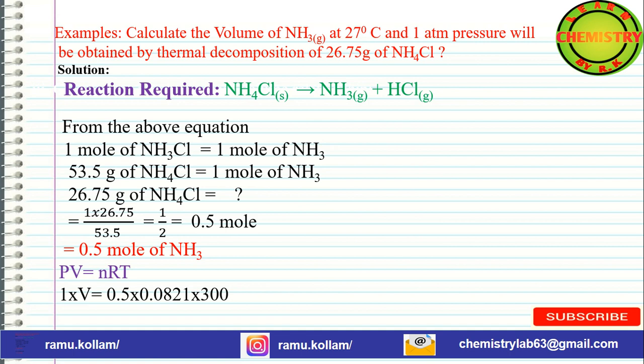T, the temperature, is 27 degrees Celsius, because it was already given. We convert this to Kelvin and we get 300 Kelvin. So with the help of this calculation we get V = 12.315 liters. See friends how easy it is.